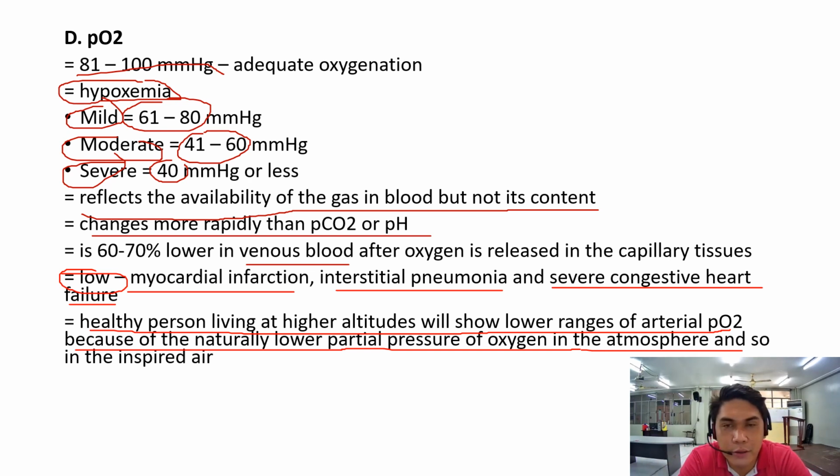So your body will try to produce more erythropoietin to promote the production of erythrocytes. Okay? So the cells increase in number because our RBC is responsible for carrying oxygen.